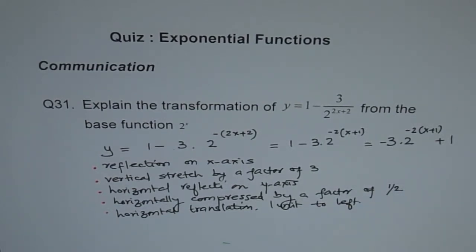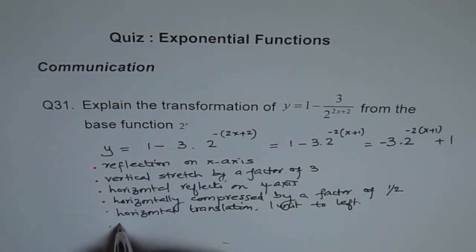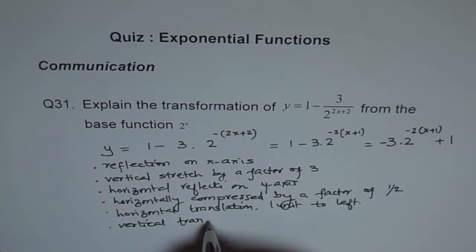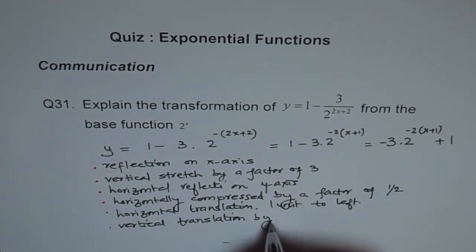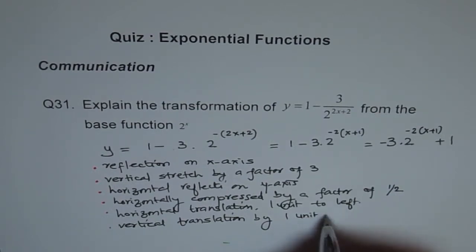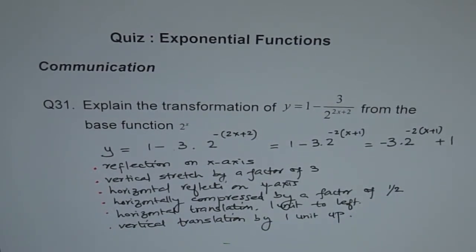And this is vertical translation 1 unit up, right? Correct? So that describes the transformation of this function with base function 2 to the power of x, correct? A transformation could have been written in a different way also, correct?